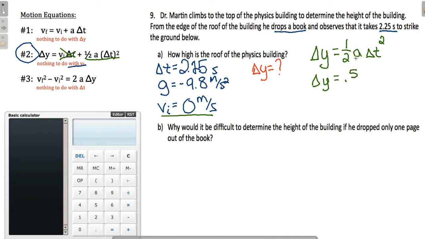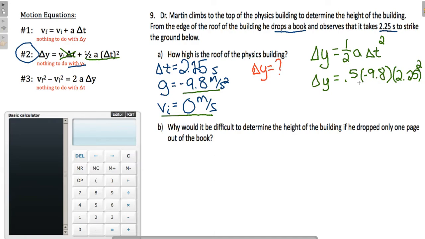It's the same thing. So 0.5 multiplied by the acceleration, which is negative 9.8, multiplied by the time, which was that 2.25, but we have to square that.